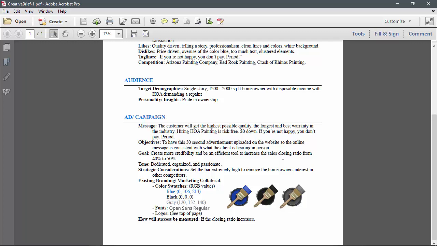It's going to be very challenging for that student to work through every single statement she's making within this message. So having worked with this student, we narrowed things down to basically, as a customer, you're going to get the highest possible quality with the best warranty in the industry. That was the central focus. We added, as you'll see in a bit, to the storyboard some of these other ideas, but we didn't necessarily come out directly and say it.